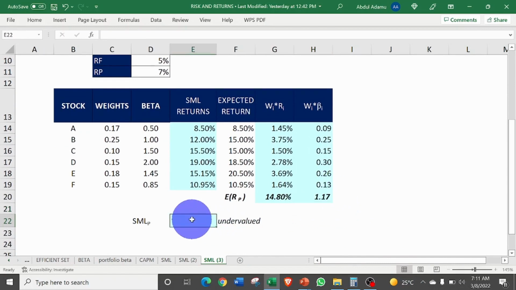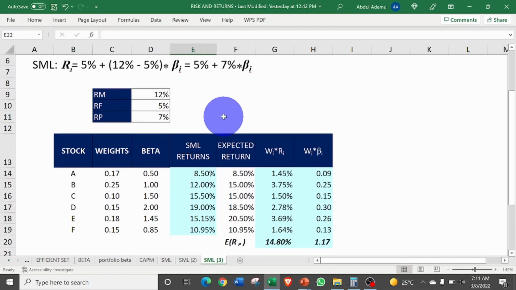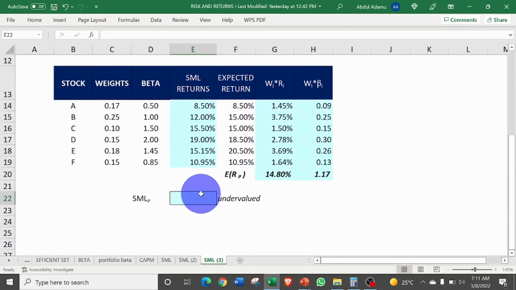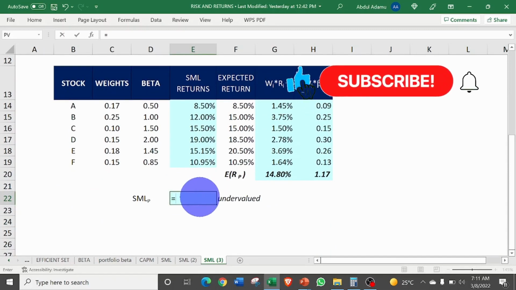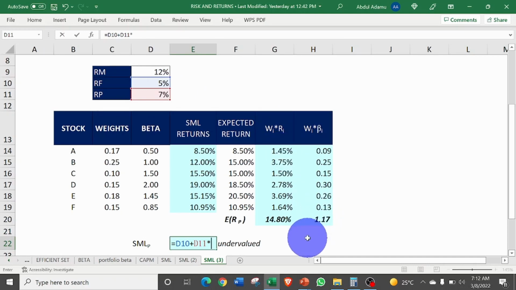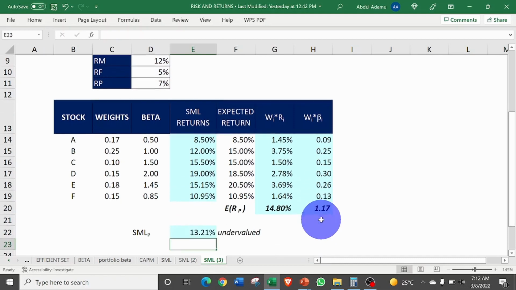Now here, let's calculate the return using our CAPM model for the portfolio. So this is equals to, we have 5% plus 7% times the beta of the portfolio, which is this, enter.